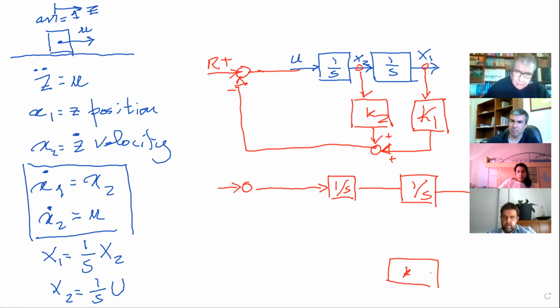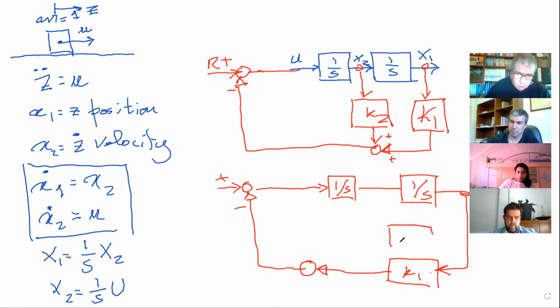And I have the K1 that receives this, okay? And I have a summation point, and it sums there. And I have K2, and it sums there.